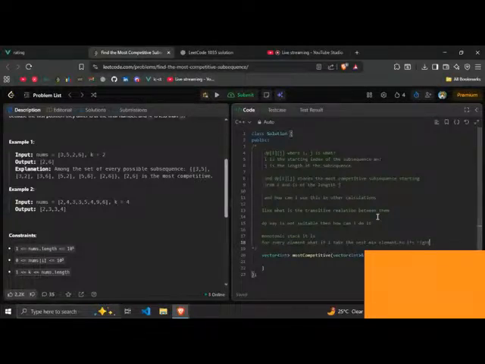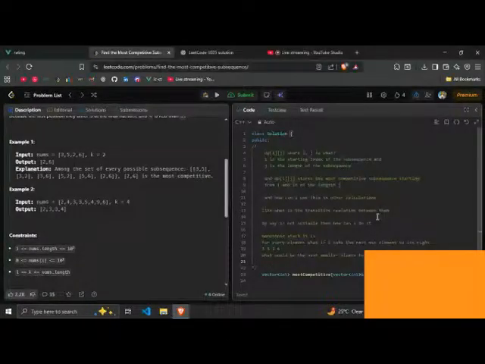Now what? Let's suppose the array is 3, 5, then 2, then 6. What would be the next smaller element to its right?